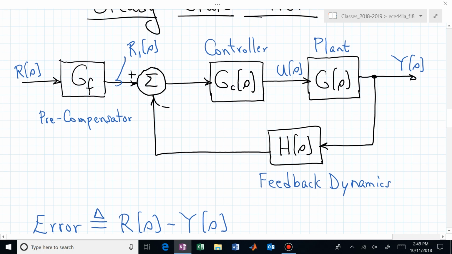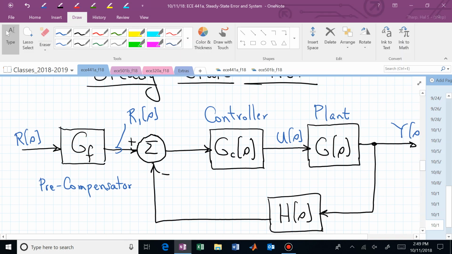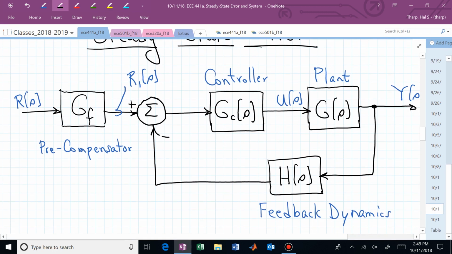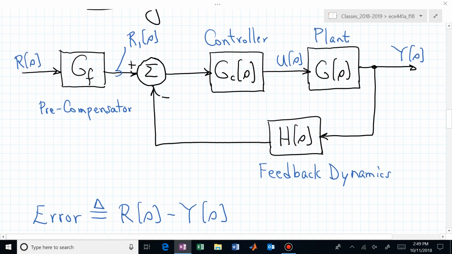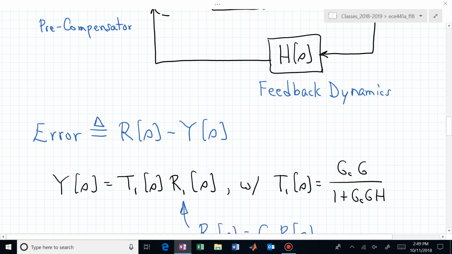If we simply looked at the transfer function initially from R sub 1 to Y, now that looks more consistent with what we're used to seeing. Meaning now maybe we can look at just deriving the transfer function between R sub 1 of S and Y. And if we do that, now we can impose unity feedback.